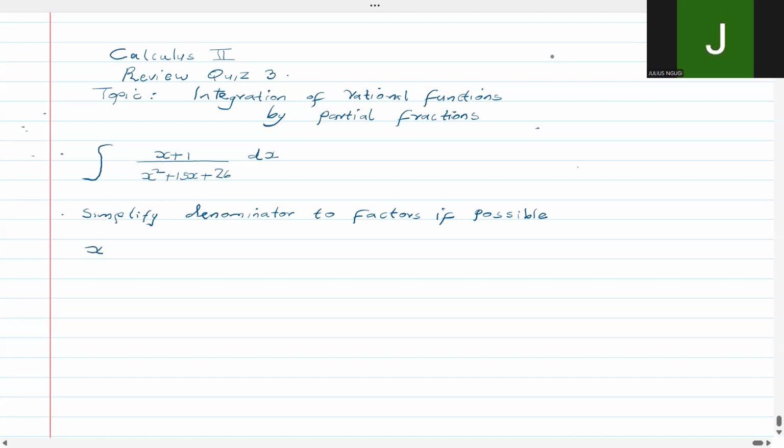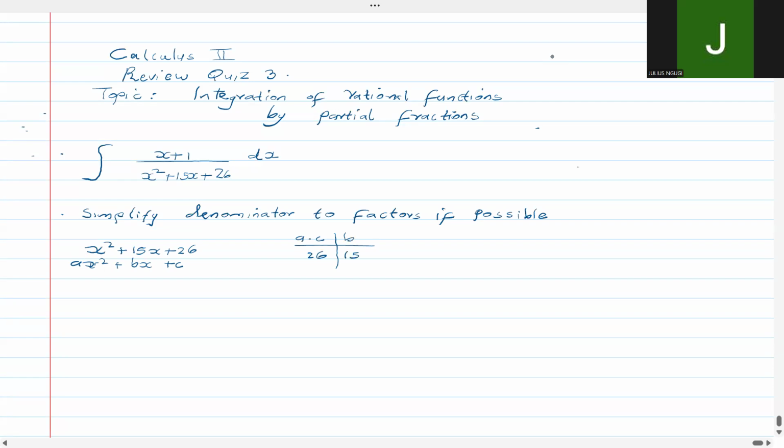So we have x squared plus 15x plus 26. To find its factors, we can recall this is the form ax squared plus bx plus c. If we were to do the factorization method, a times c is 26, and b is 15.